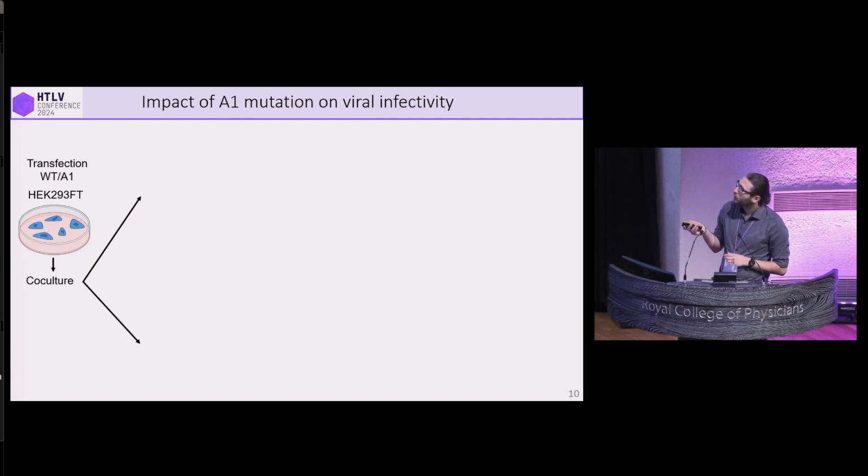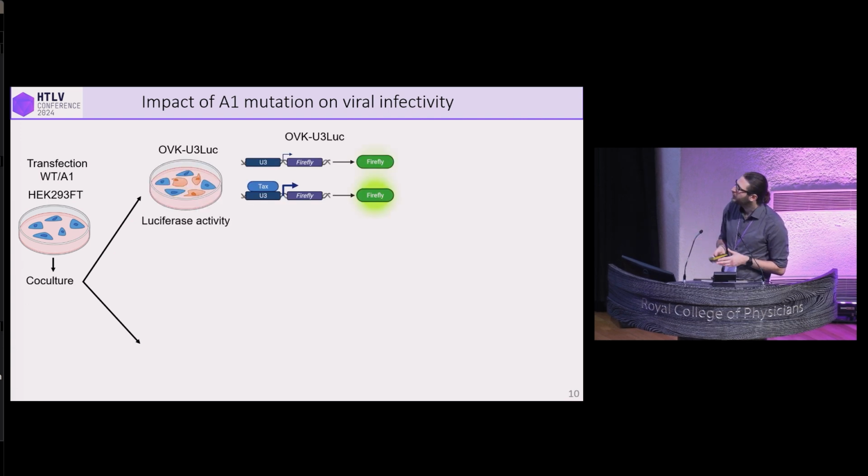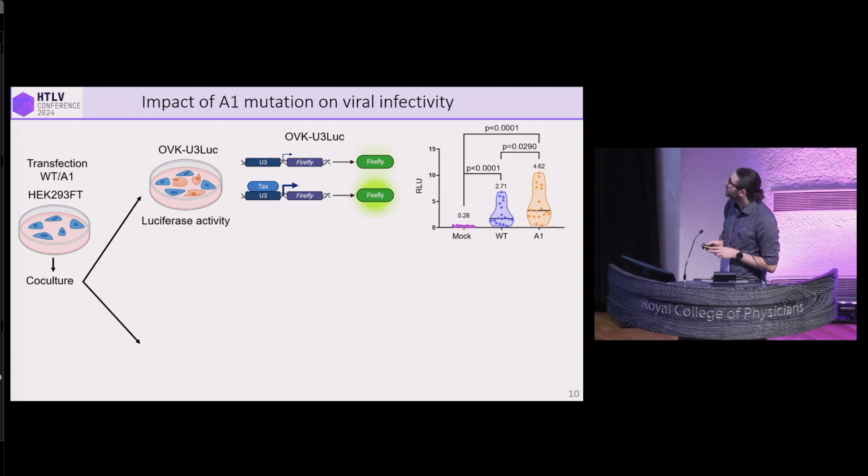We transfected cells with either the wild-type or the A1 provirus, and then co-cultured them with reporter cells, OVK-U3-LUC, which contain a Firefly gene under the regulation of the U3 region of the BLV LTR. So this is inducible by the Tax protein. In that experiment, we saw a modest but significant increase in the luminescence observed in the co-culture with the cells transfected with the A1 mutant provirus.